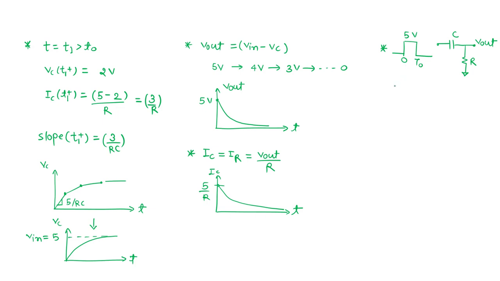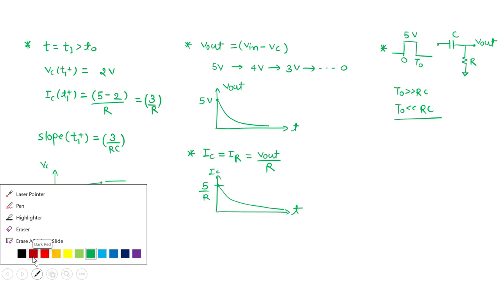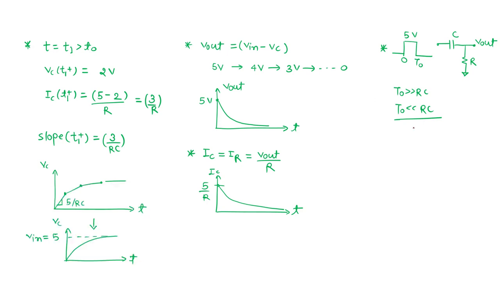Okay. So for this circuit, we can consider T naught much greater than RC, and you can also consider T naught much lesser than RC. For these two cases the circuit can be analyzed, but I'll give the idea here. The exact analysis you have to do as homework, or if I get the time, I'll do the complete analysis.